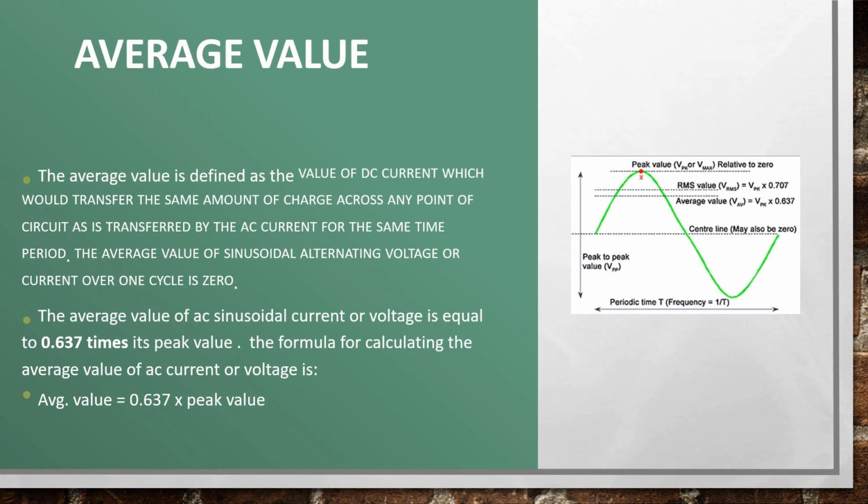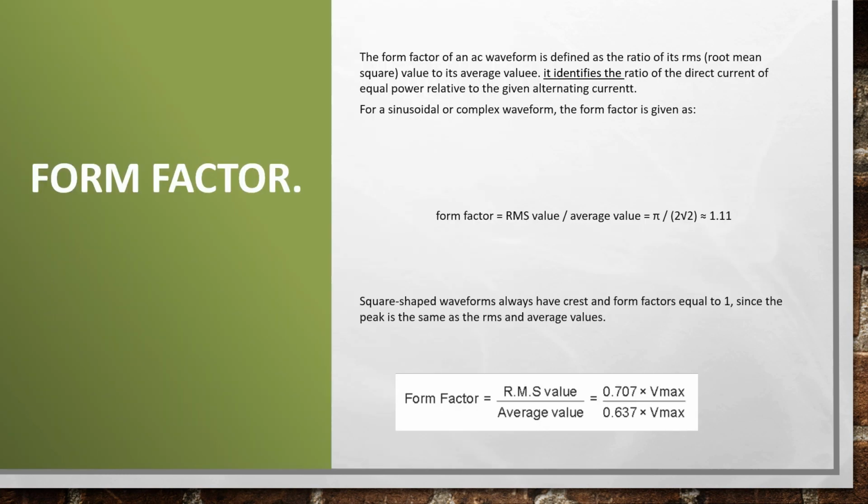The average value of AC sinusoidal current or voltage is equal to 0.637 times its peak value. The formula for calculating the average value of AC current or voltage is average value equals 0.637 times peak value.